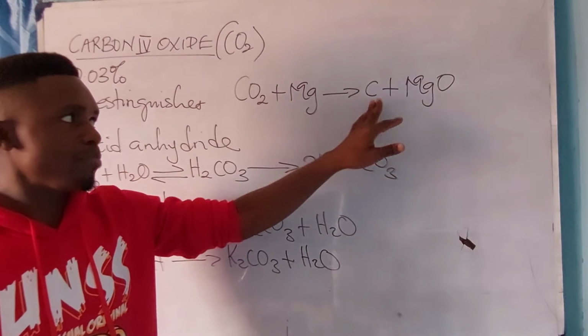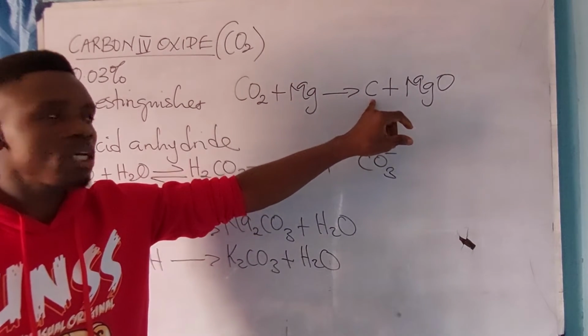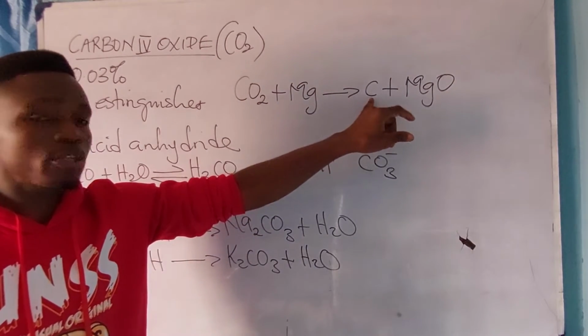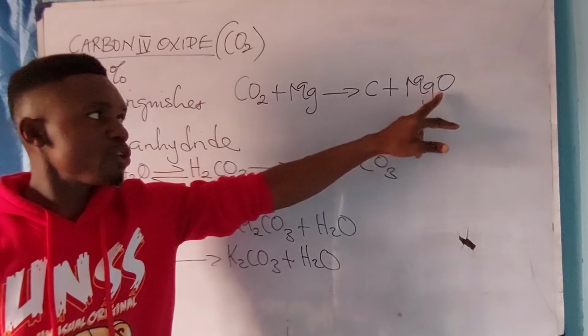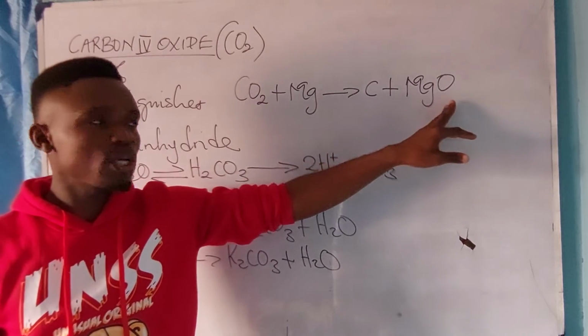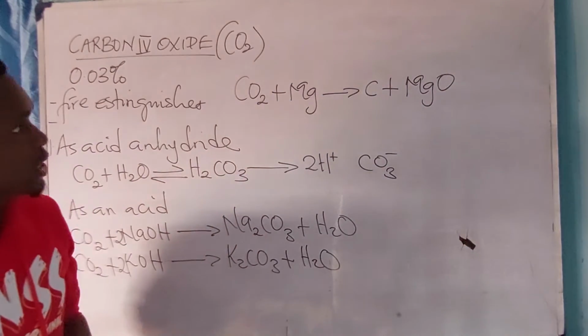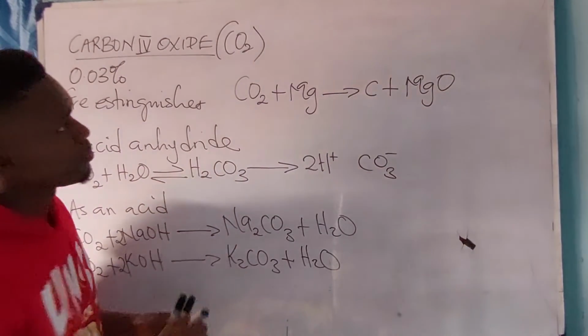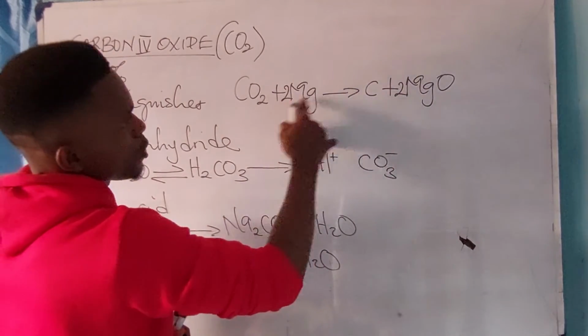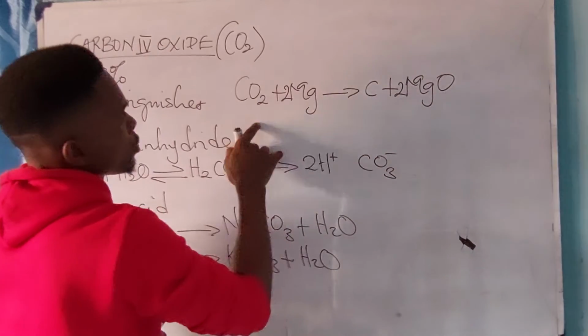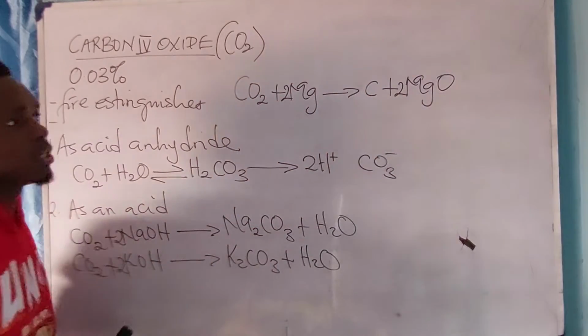Is the equation balanced? No. I'll put 2 here. That is 2 magnesium, 2 oxygen, 1 carbon on each side. Now it is balanced.